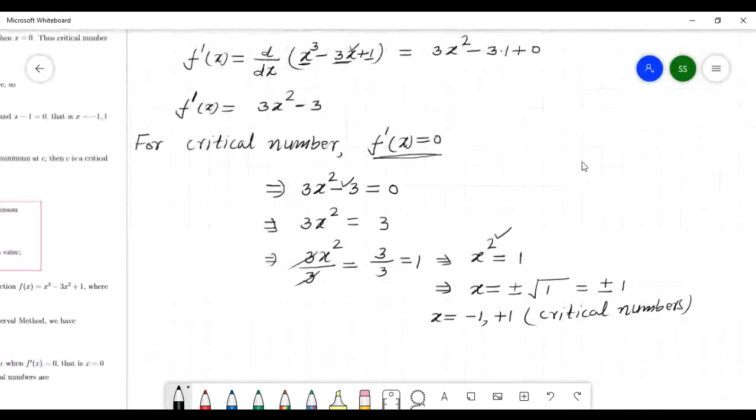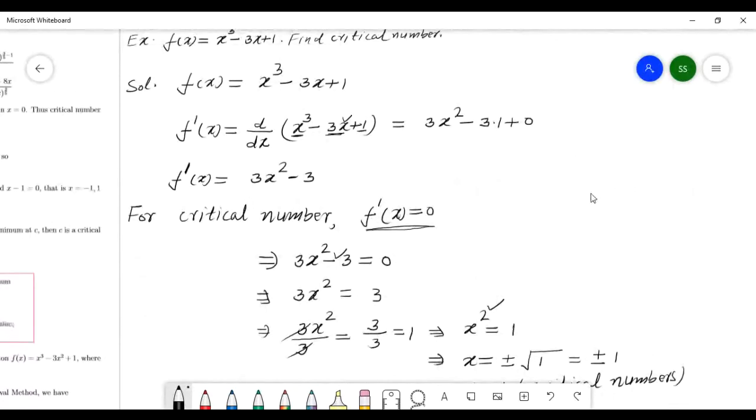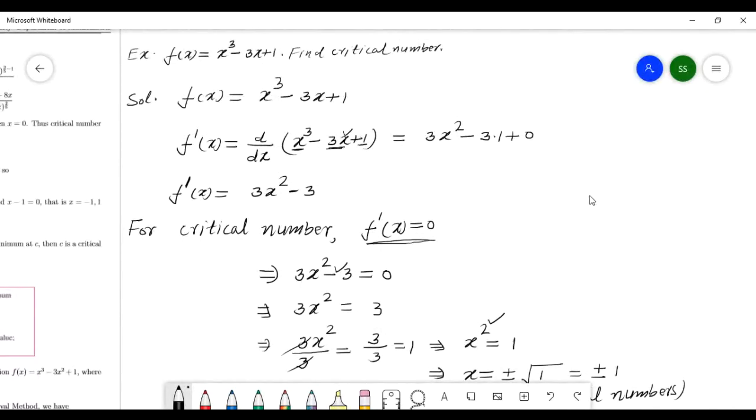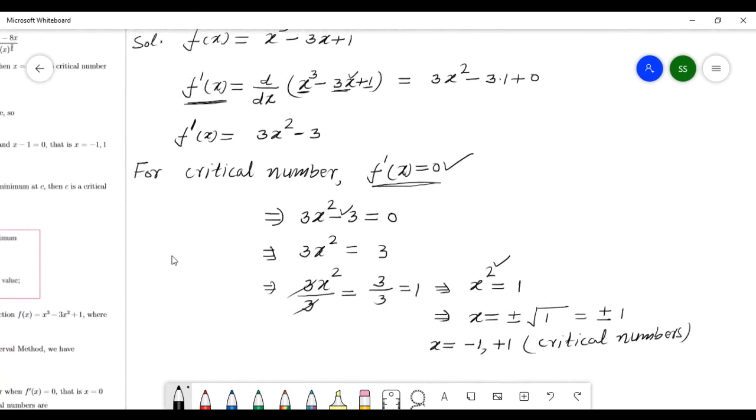If you have any polynomial function like that and the question is to find the critical numbers, then first you take the derivative, set this derivative equal to 0, and then solve, and you will get the numbers. Those numbers are the critical numbers, right?